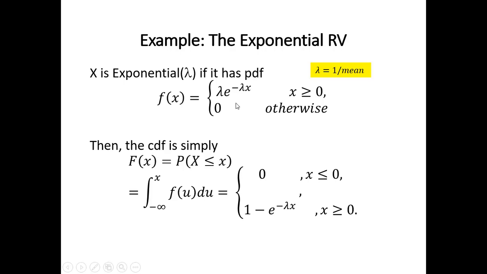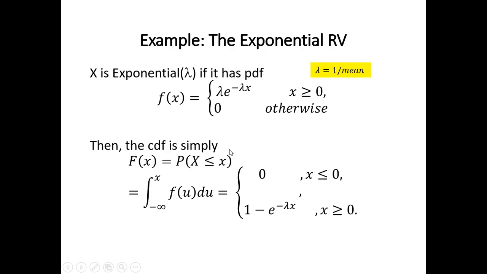And by the way, there's this relationship: lambda is equal to 1 over the mean. If you solve it for the mean, you get the mean is 1 over lambda. All right, so that'll come up more later.